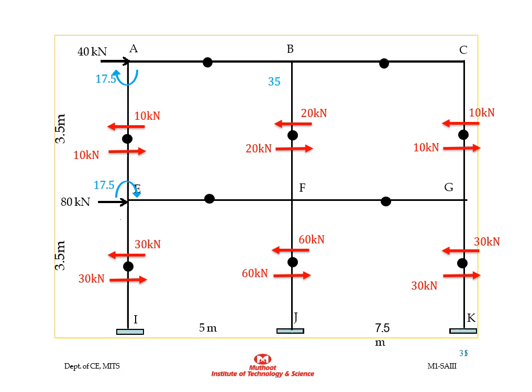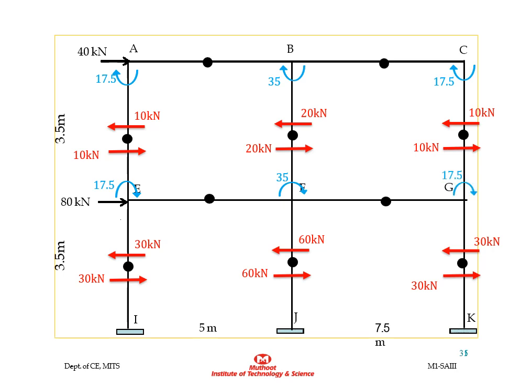For the interior column BF, at the top end, the moment will be 20 kilonewton into 3.5 divided by 2, that is 35 in clockwise direction. For exterior column CG, it is 17.5 kilonewton meter in clockwise direction, as shown in the figure.